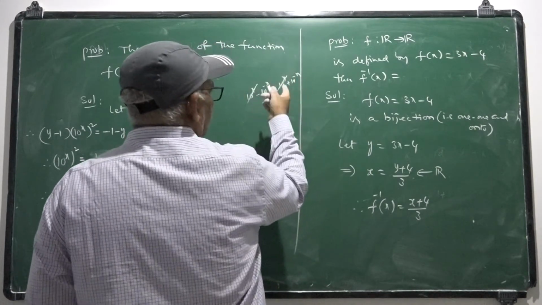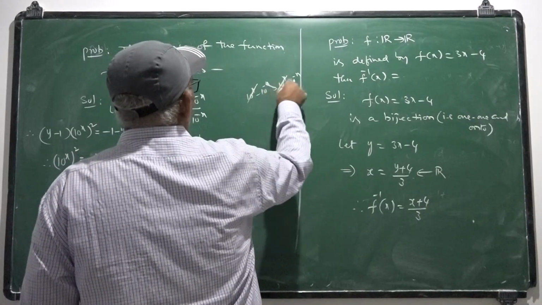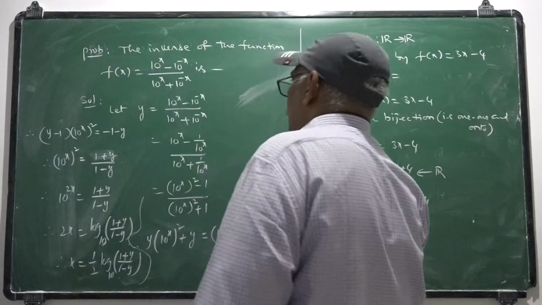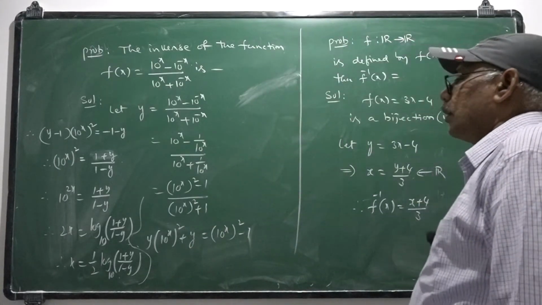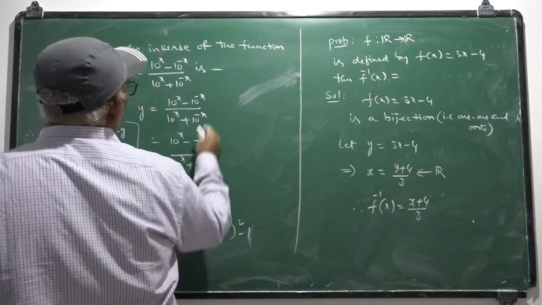So 10^(minus x) equal to minus 10^(minus x), which is not possible. So except at y equal to 1, the inverse function of the function is valid.